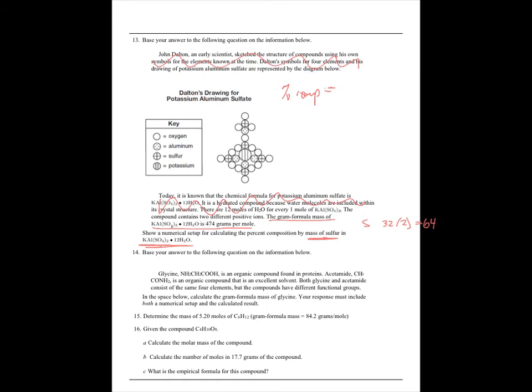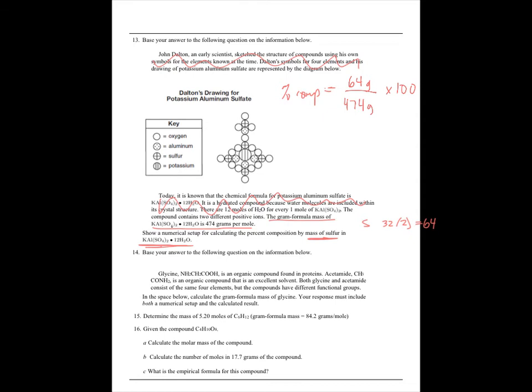Because if you look at the formula, there's one S inside the parentheses, but there's a 2 on the outside, so we got to multiply by 2. So our mass of the part is 64 grams over the mass of the whole, which is 474 grams, times 100, and that is our percent composition setup. That's it.